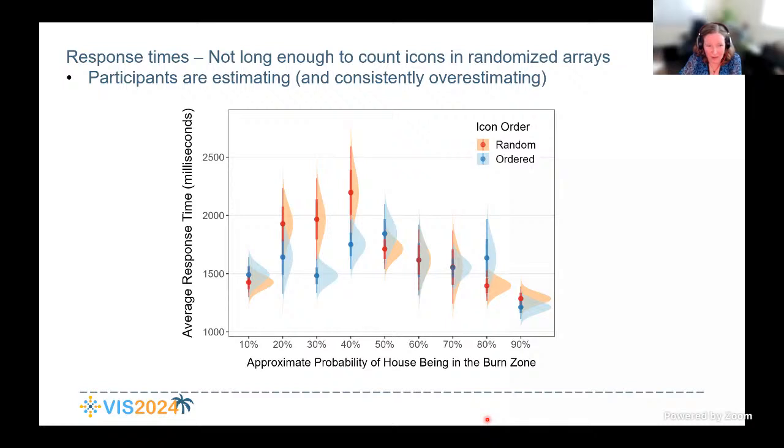So that's not long enough to actually count the icons in those arrays. So we believe that people are estimating how many icons are in the risky category, and they're consistently overestimating the risk in the randomized icon arrays, which is why we're getting such a big jump in evacuation rates.